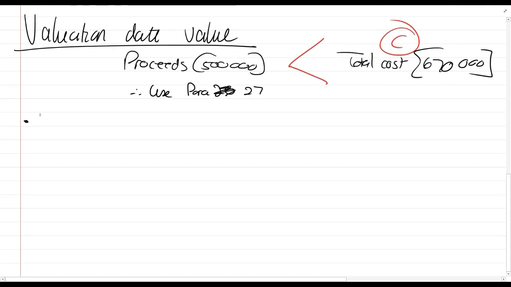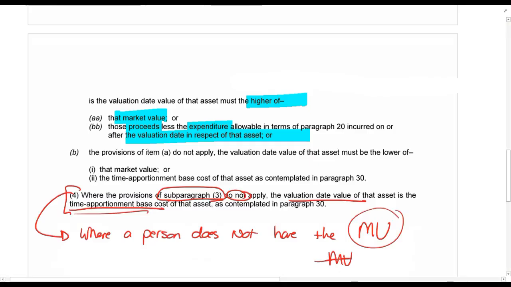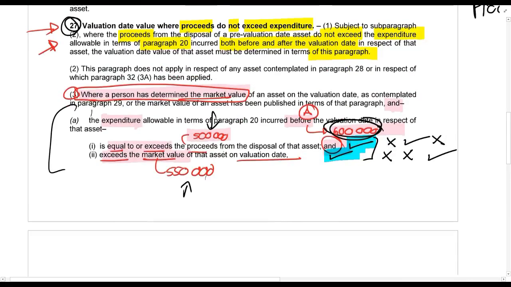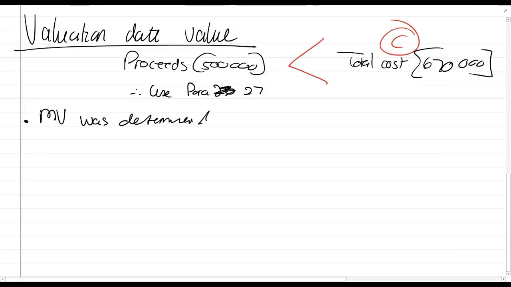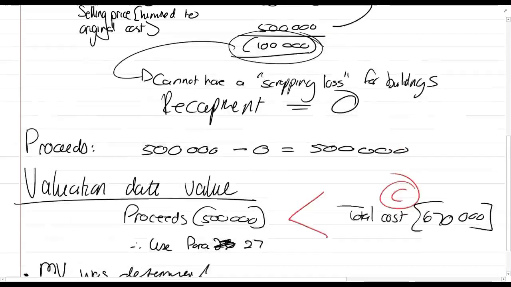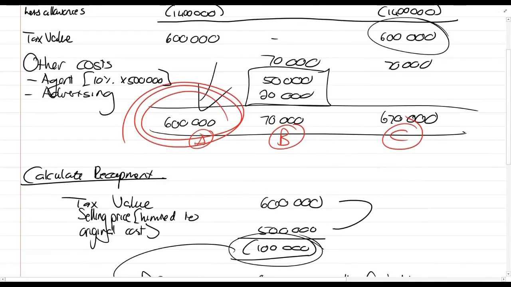So the first thing we say is market value was determined. And now what I want you to see, we put down this rule here and just apply it. So we say the costs before 1 October 01, so part A, was how much, guys? 600,000.